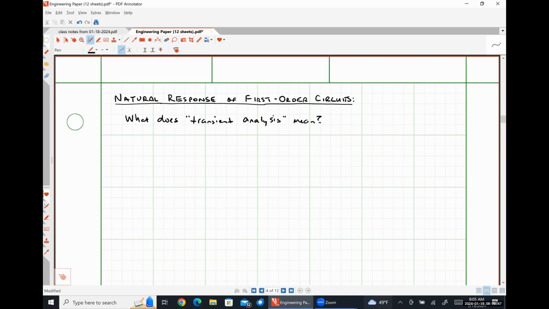Transient analysis is really just the analysis of a system as it is undergoing or experiencing a change. So for us, that means we're going to have something that changes in our circuit.